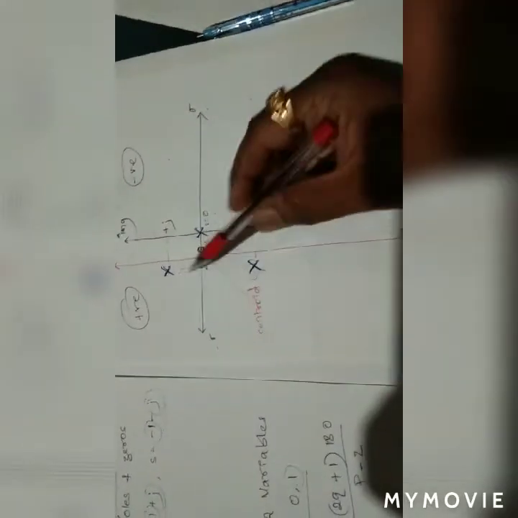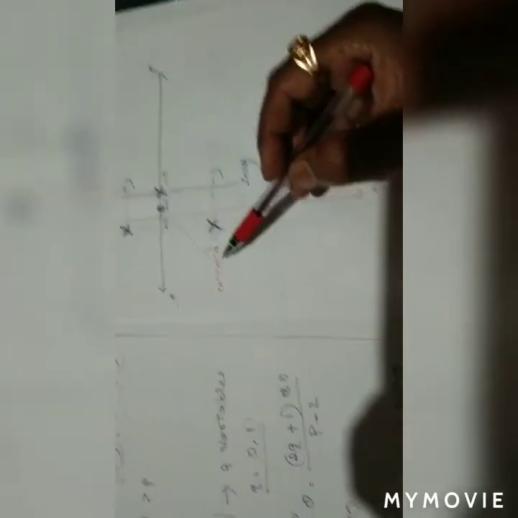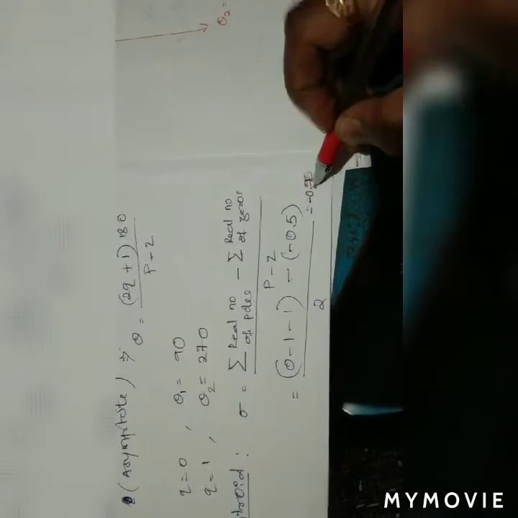After marking poles and zeros, next is the centroid. The centroid we had got is -0.75 and asymptotes 90 and 270.